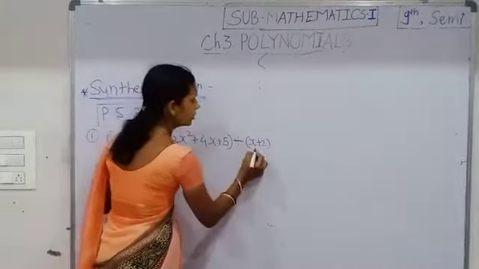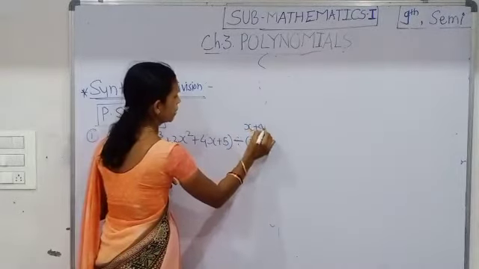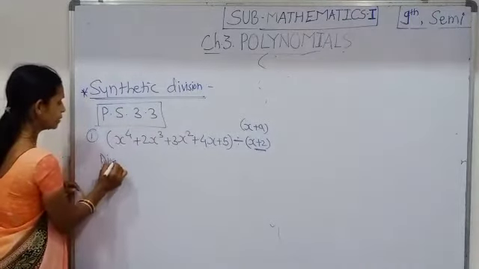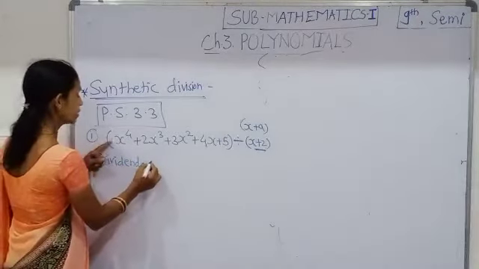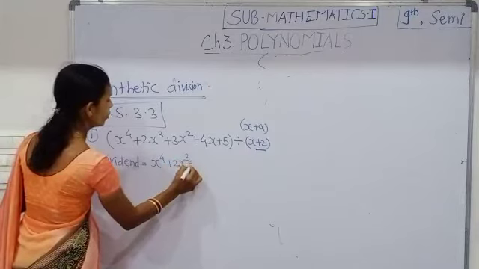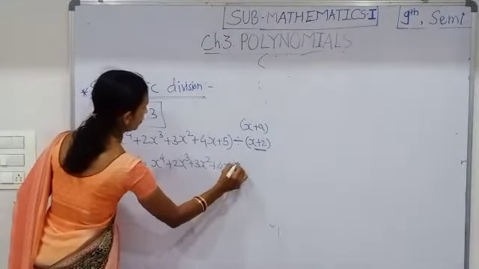Then here the divisor is x plus 2, which is in the form of x plus a, and therefore first of all we have to write the dividend, that is x raised to 4 plus 2x cube plus 3x square plus 4x plus 5.